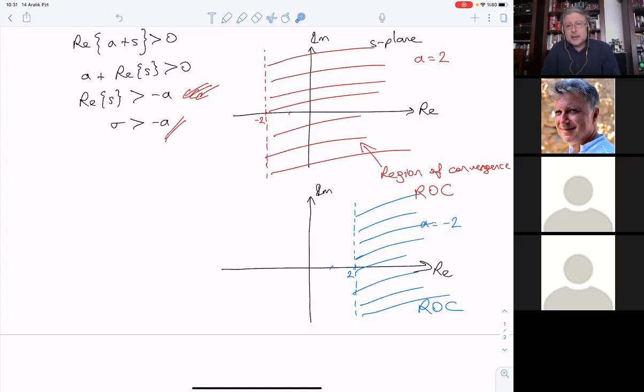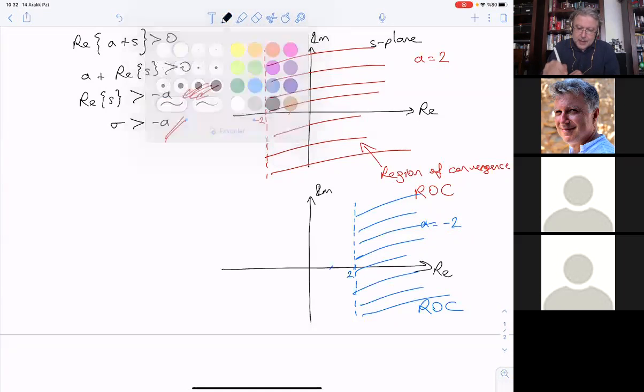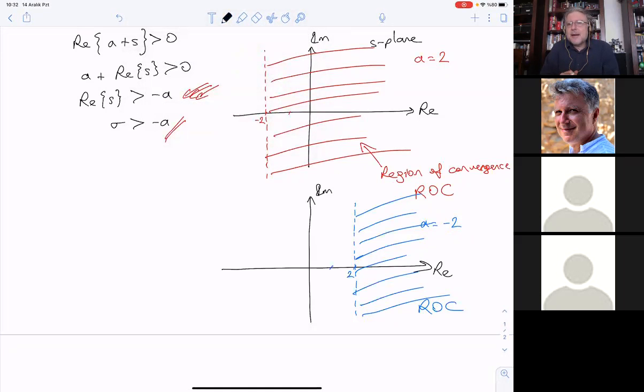And where do we see it? By just looking at the regions of convergence, it is possible to make this kind of deduction. For one of them, the Fourier transform exists. For the other one, it does not exist. And the answer to this is like this.